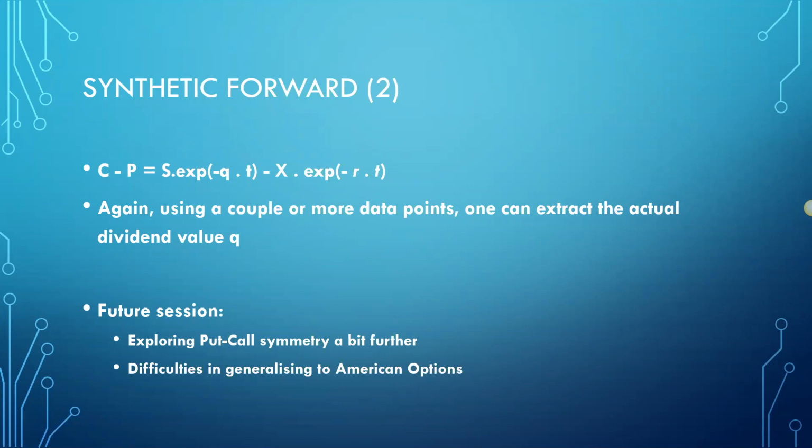So it's a little bit of an odd situation. So the best way to not be bothered is to calculate the synthetic forward, and from there calculate something that is sometimes called UDIV, or U for underlying dividend free.